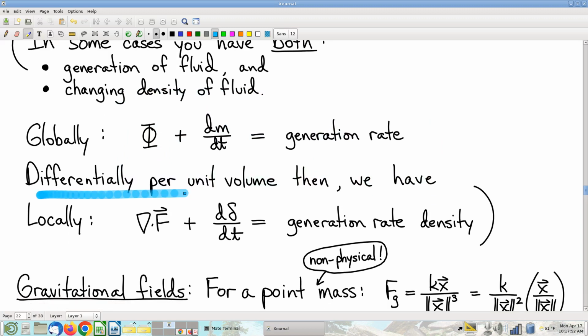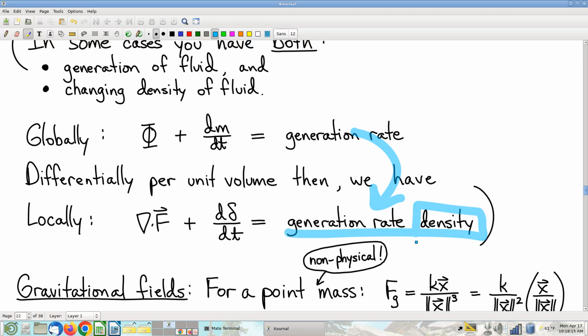Of course, you can divide by dV, as it were, and of course, flux per unit volume is divergence. Mass per unit volume is density. And okay, now I have to make up a new concept here. This generation rate is not something that we've talked about before, but I'm generalizing that as generation rate density: how much fluid per unit time per unit volume inside of your region.